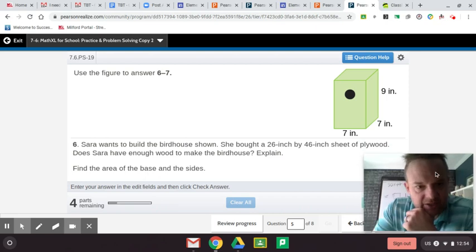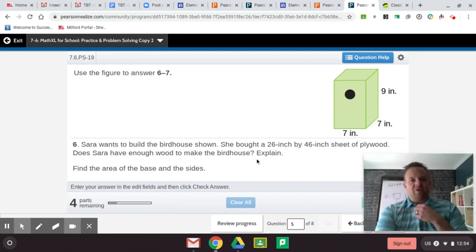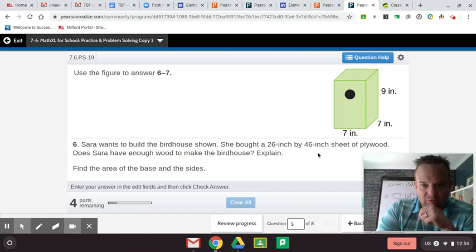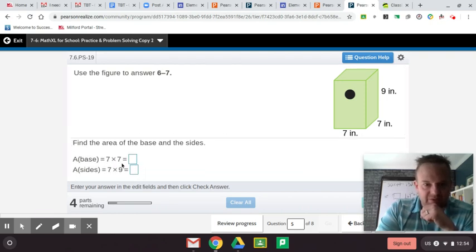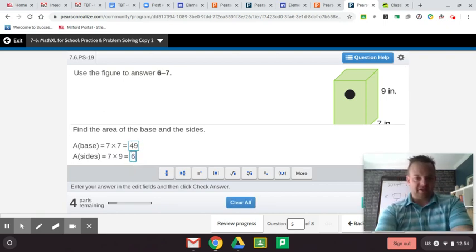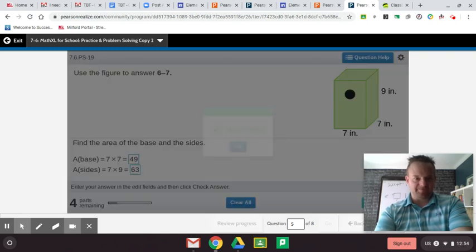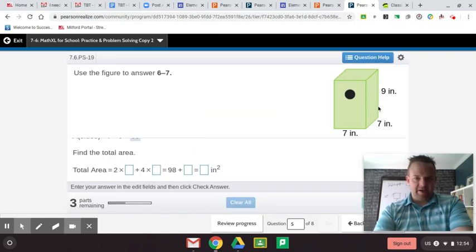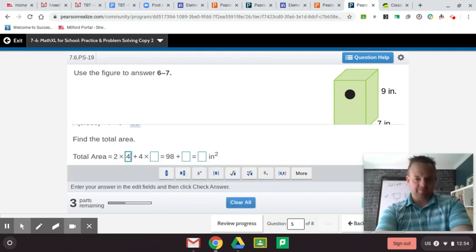Here we have another birdhouse question. Sarah wants to build a birdhouse as shown. She bought a 26 by 46 inch sheet of plywood. Does she have enough for the birdhouse? So we have the 7x7, which is 49, the 7x9, which is 63. We're going to fly through this now. And then the 49, we have 2 of those. And we have 7x9.